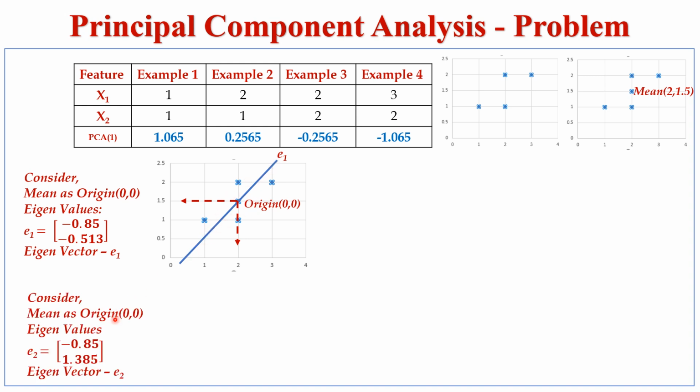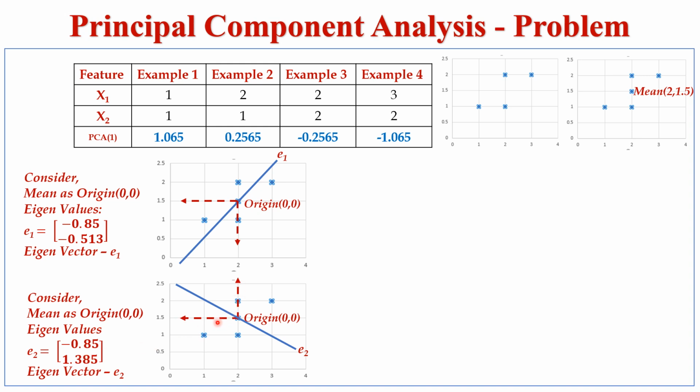Similarly, considering the eigenvector E2, and the same origin, that is mean value 0, 0, the values are minus 0.85 and 1.385. Here the x value is negative and the y value is positive.